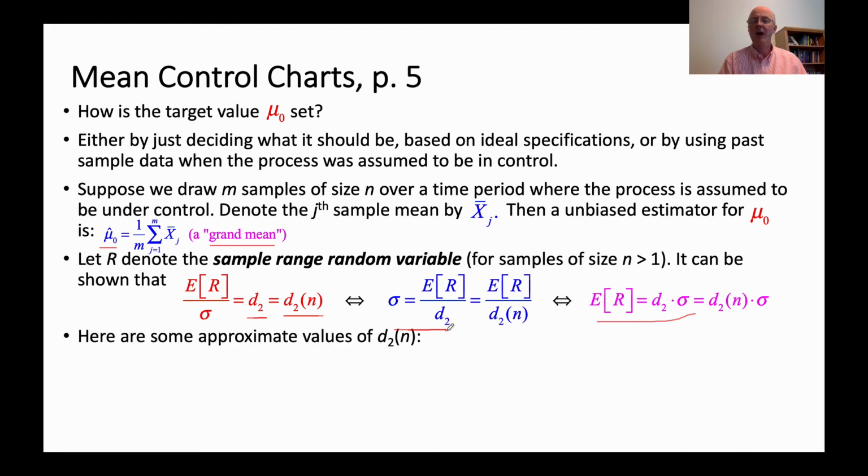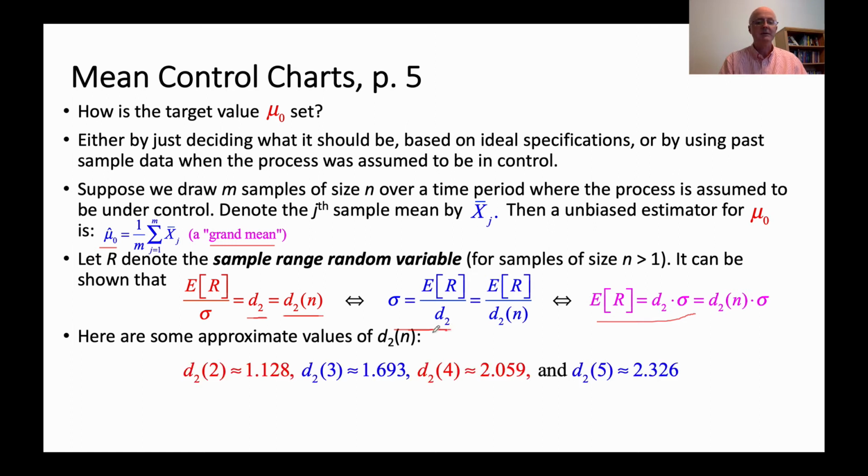Here, by the way, are some approximate values for d2 of n. You can look these up. d2 of 2, if your sample size is 2, this thing called d2, why do they call it d2? I'm not sure. It's just notation that somebody picked somewhere. Is there a d1? Well, we're not going to talk about that. If the sample size is 2, d2 of 2 is 1.128. What would that mean?